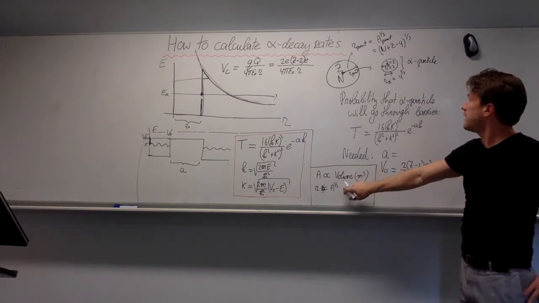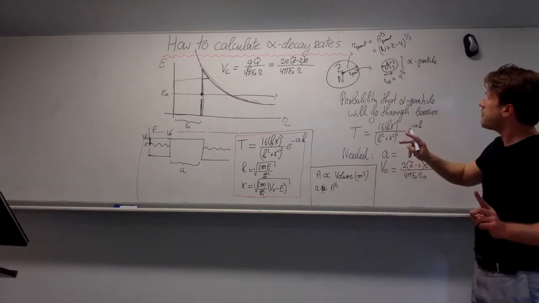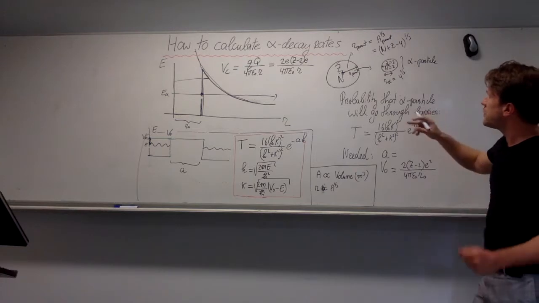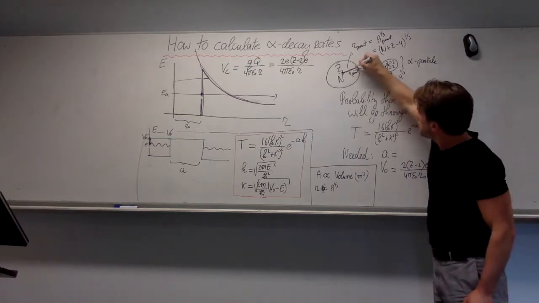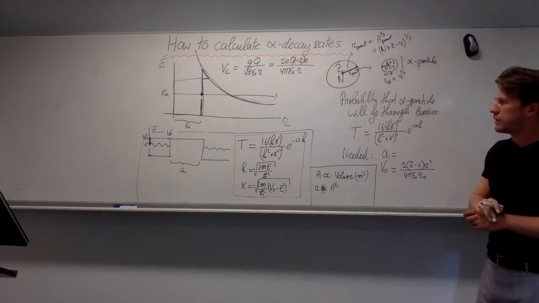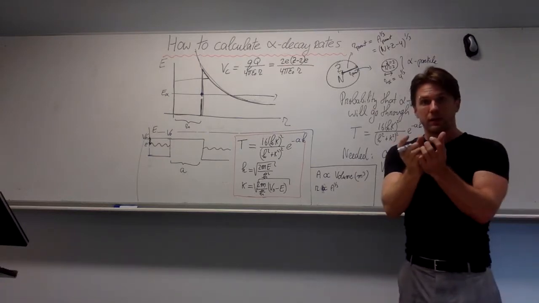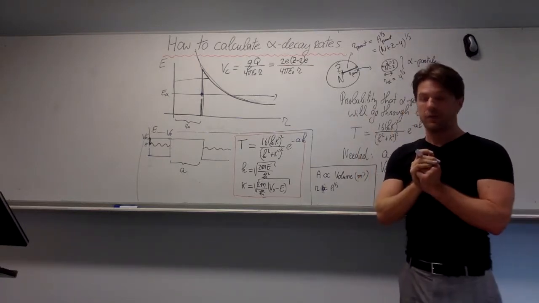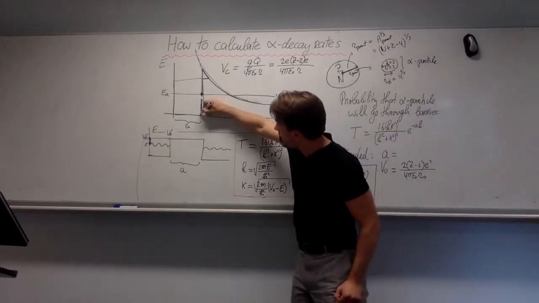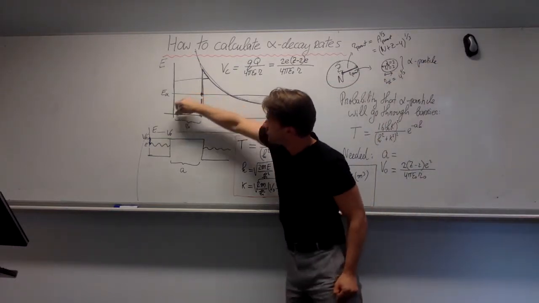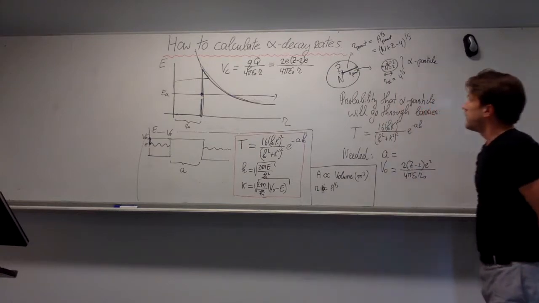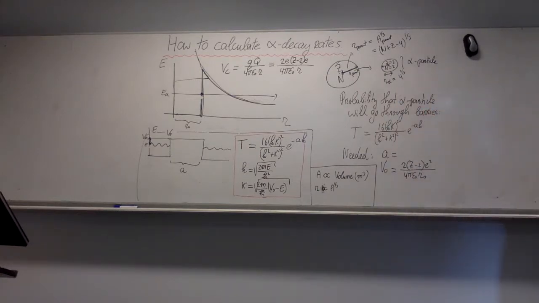It's just this relation again. So what we now have is an idea of how big the parent nucleus is, how big the alpha particle is. And now at the moment that the alpha particle is about to leave the nucleus, in other words when it's over here, when their distance is r0, then we know exactly what that distance is.